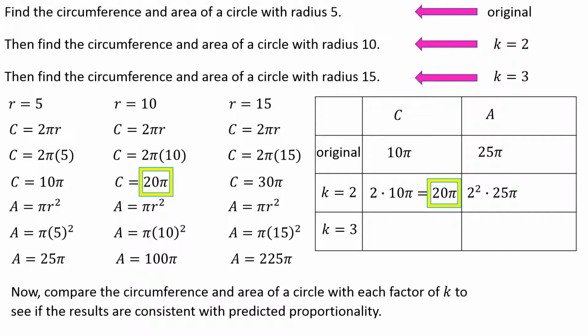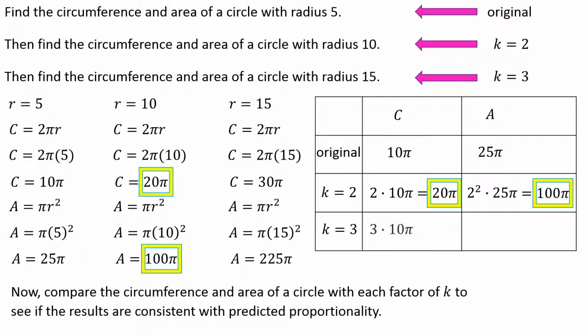Well, 2 times 2 is 4. 4 times 25 is 100. We'd get 100 pi. Sure enough, that's what happened. If we double the radius, we double the circumference. If we double the radius, we actually multiply the area by 4, because that's 2 squared.